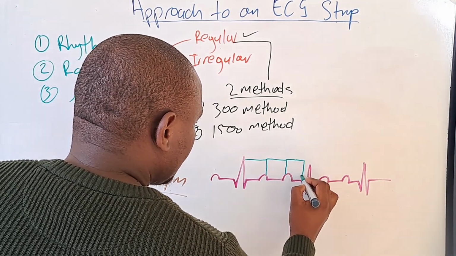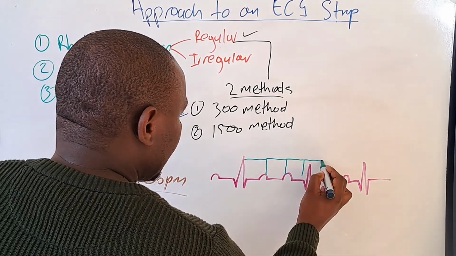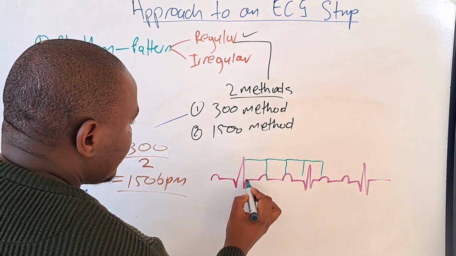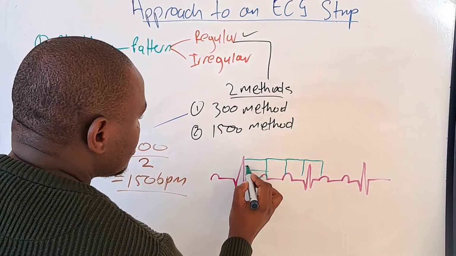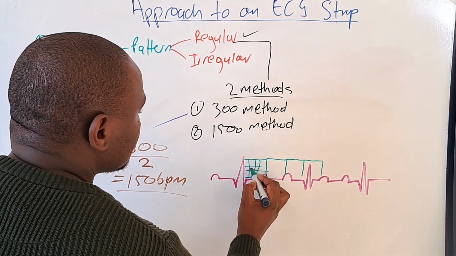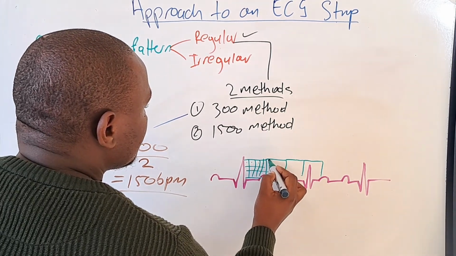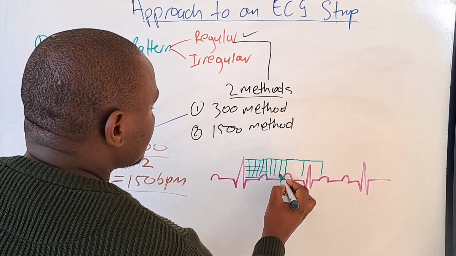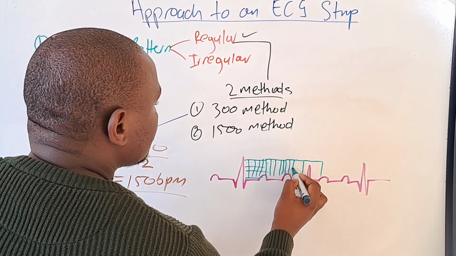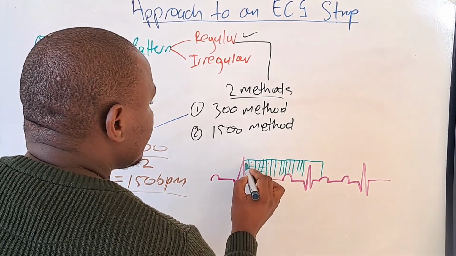This is what I want to explain. I get something like this, right? 1, 2, 3, 4. 1, 2, 3, 4. 1, 2, 3, 4. So guys, look at this.